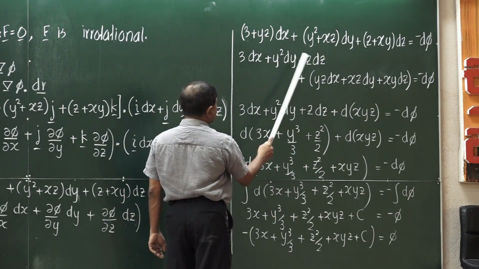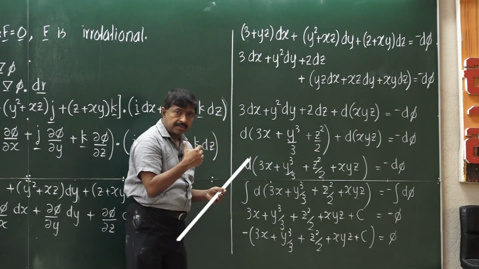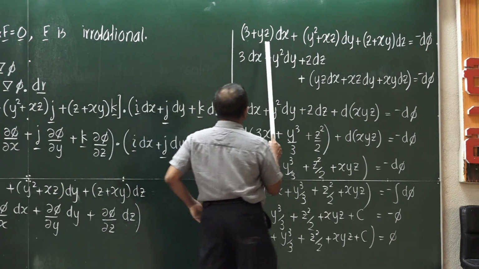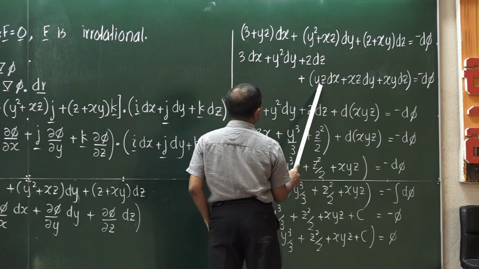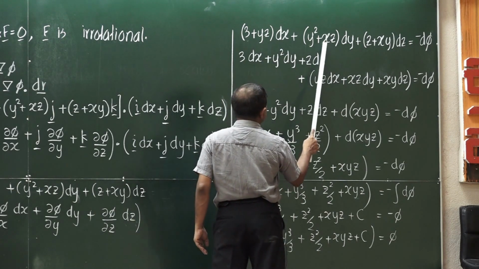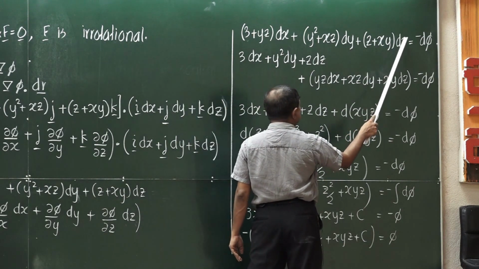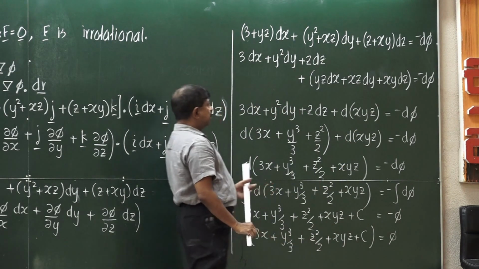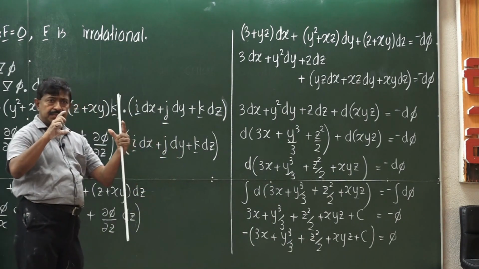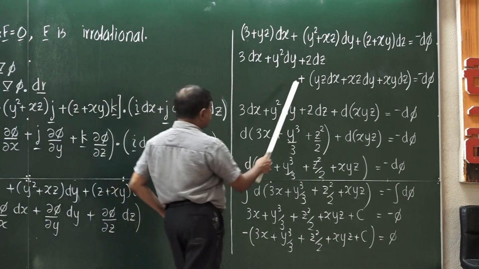You separate those terms from the bunch. Now, take the other terms, y z dx, x z dy, x y dz. You keep that collection without disturbing it.